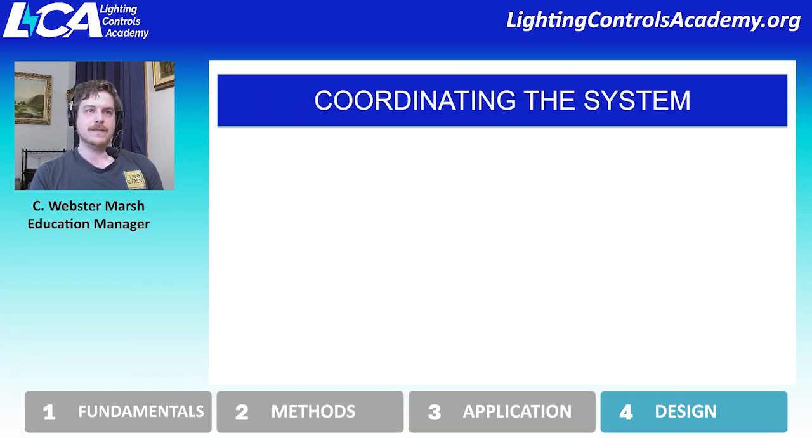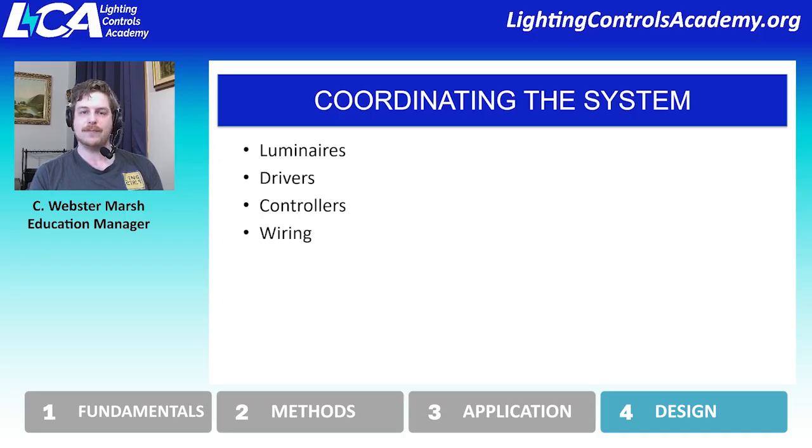Coordinating the system after that, we want to make sure that we've identified the luminaires and what dimming they're going to have, what drivers they're going to be using, what kinds of controllers we're going to be implementing in the system, the wiring between all of these devices. All of this is critical to making sure that the system is coordinated correctly. Then we want to make sure that we have our sensors that are at least communicating to the system.